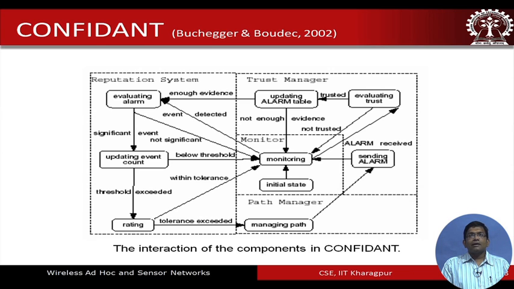So, this is the block diagram, rather it is a state diagram, right. So, it is not a block diagram. This is a state diagram, and as we can see there are different states and the corresponding activation messages that trigger the state transitions from one state to another.